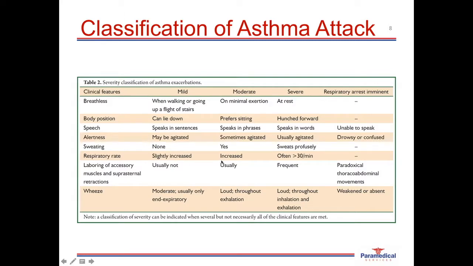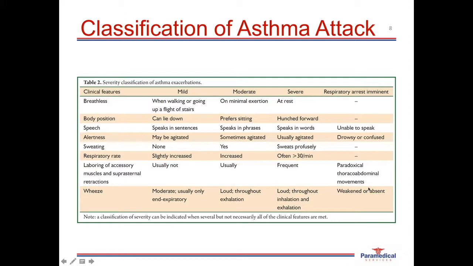Respiratory rate increases through these categories, and use of accessory muscles also increases through these categories. Under the category of wheezing, in the mild to the moderate, we may only be hearing wheezing during exhalation or expiratory wheezing, but in the more severe cases, this could be loud inspiratory and expiratory wheezing to a silent chest.